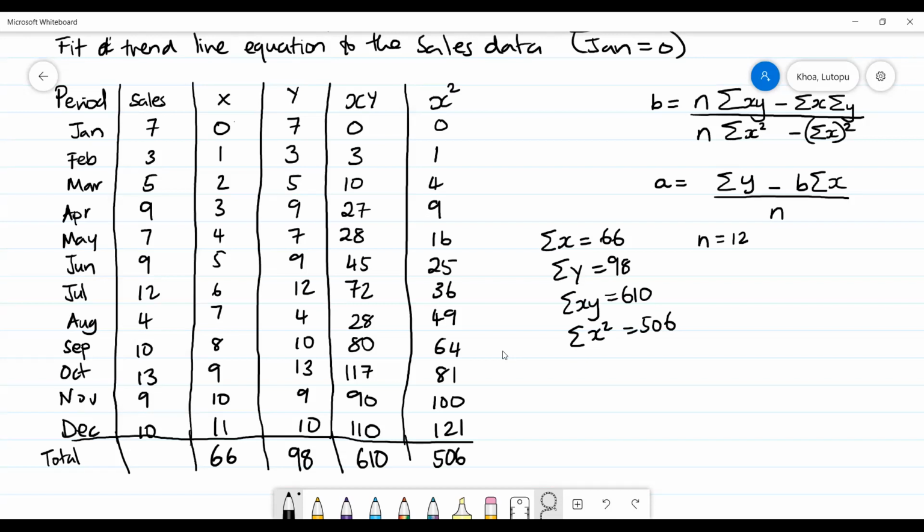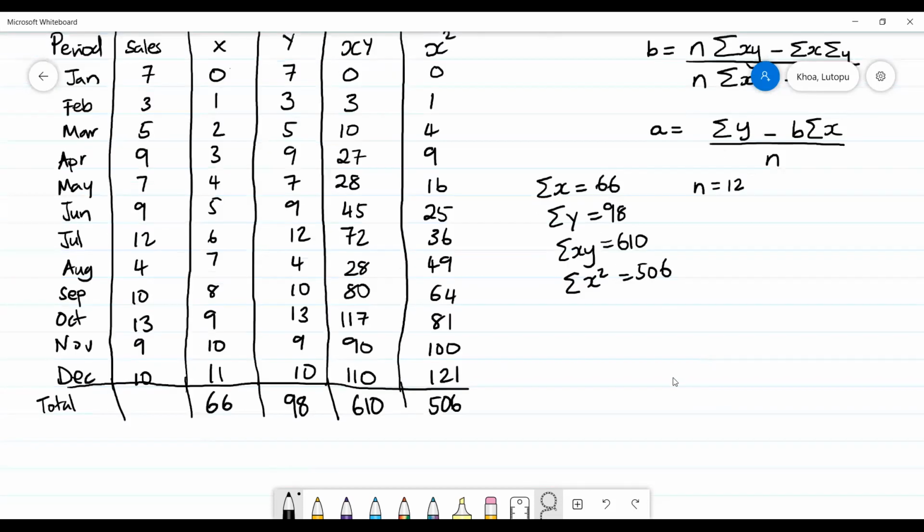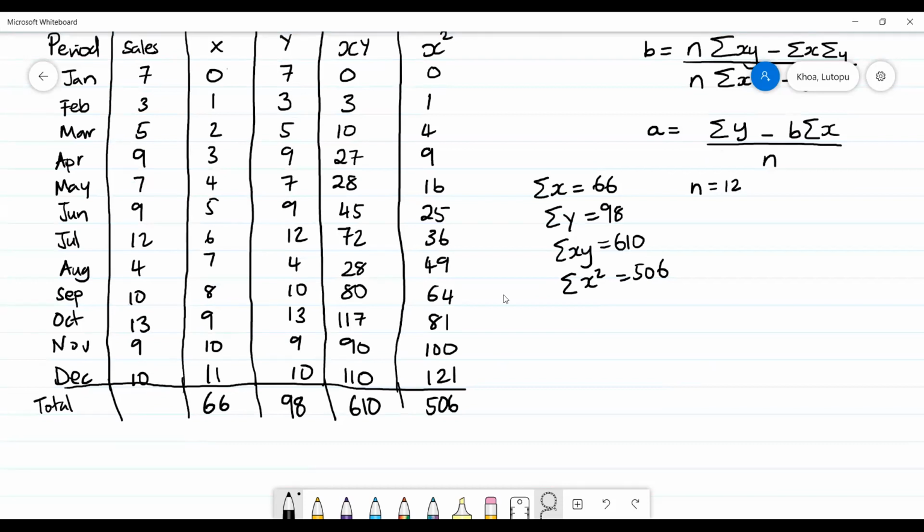Okay, so now I have everything, I substitute. So you see that I need to solve for B first before I can solve for A. So B, this is equal to n. What is my n? 12 times the sum of the product of the x and y. So this is 610 minus the sum of the x's, 66, multiplied by 98.